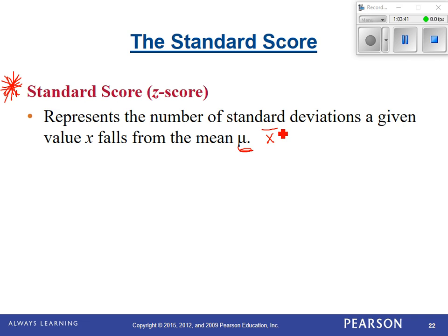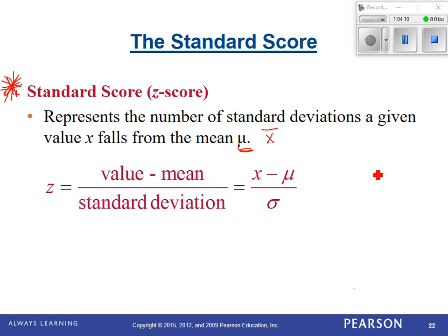So it could be that you take an English test and a science test. Well, you can't compare the English and the science test because they're two completely different things. But if we turn them all into a Z-score or a standard score, then we can compare. How did you do on the English test compared to how you did on the science test?